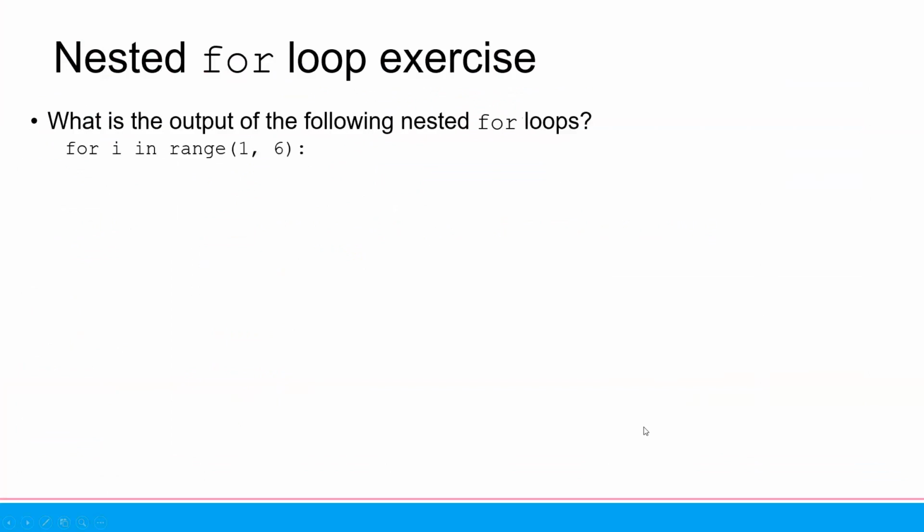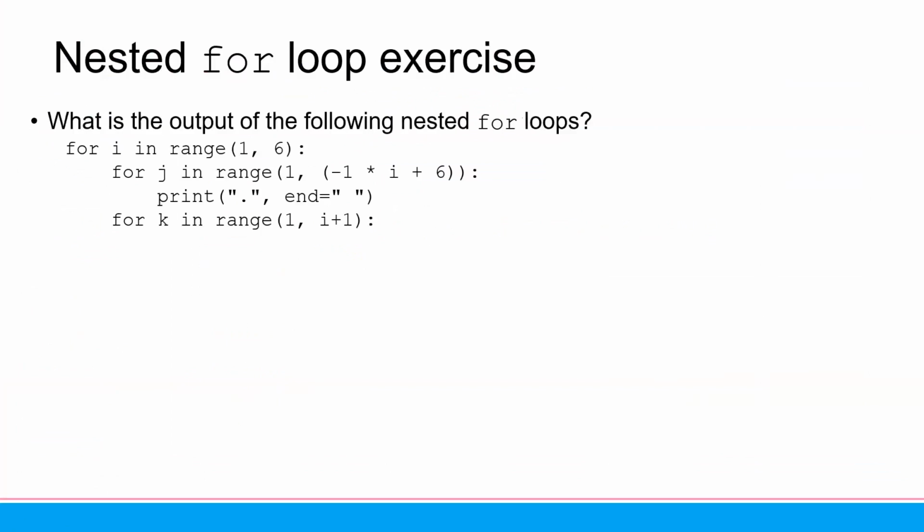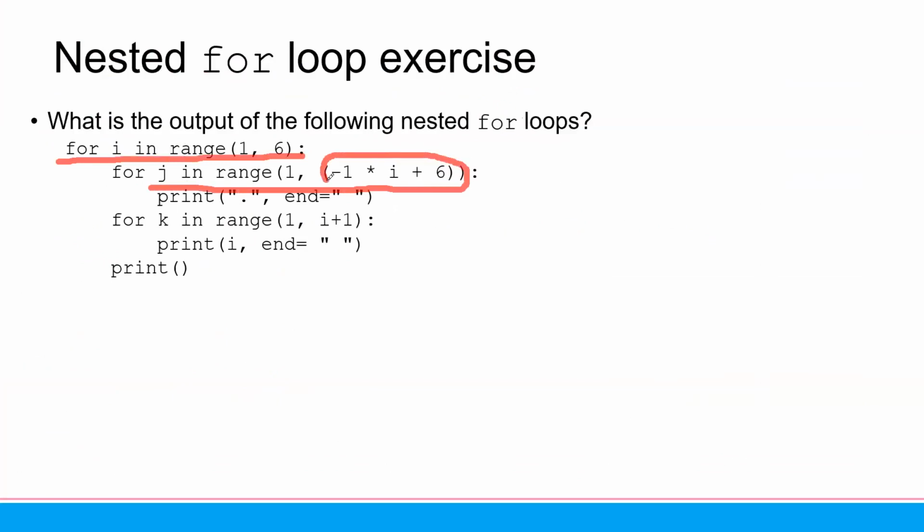Now, what is the output of the following nested loops? I have the I from 1 until 6, and then I have the J. It is from 1 until minus 1 multiplied by I plus 6, and then I will print the dot.